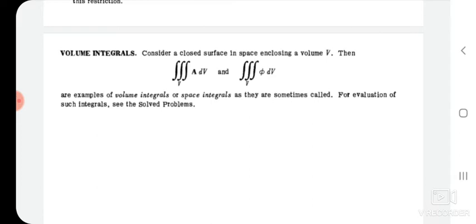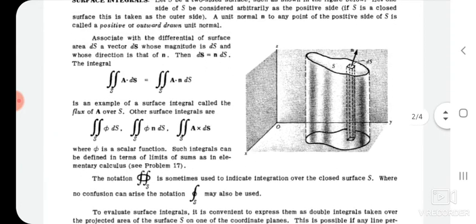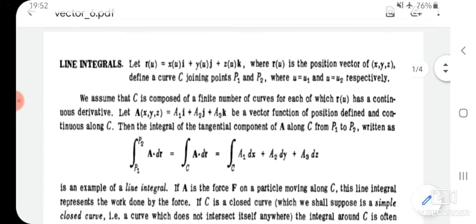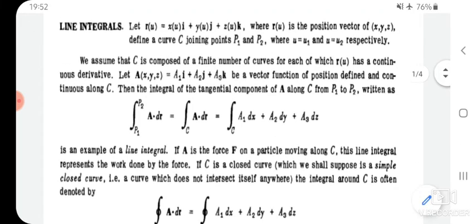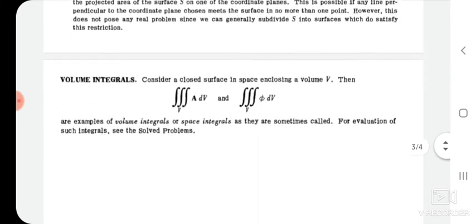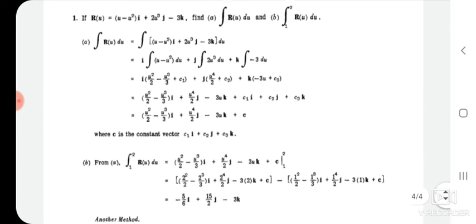For evaluation of such integrals, we have to solve some numerical problems, and from that we can understand these concepts: the volume integral, the surface integral, and the line integral. So let us start with the first numerical.